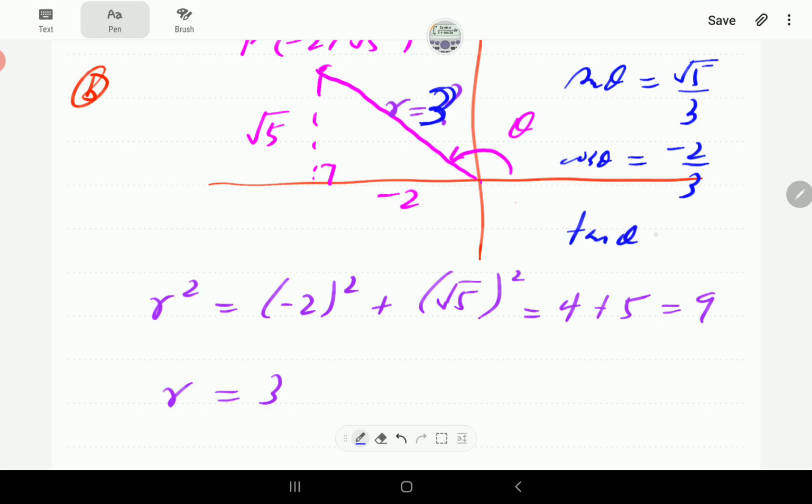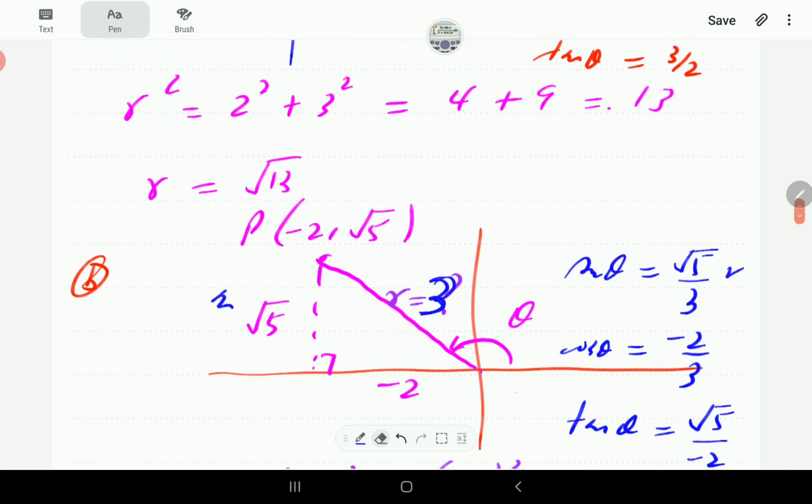And tangent is the opposite, root 5, over negative 2. Sine is positive since we're in the second quadrant, and the other two are negative, as should be expected.